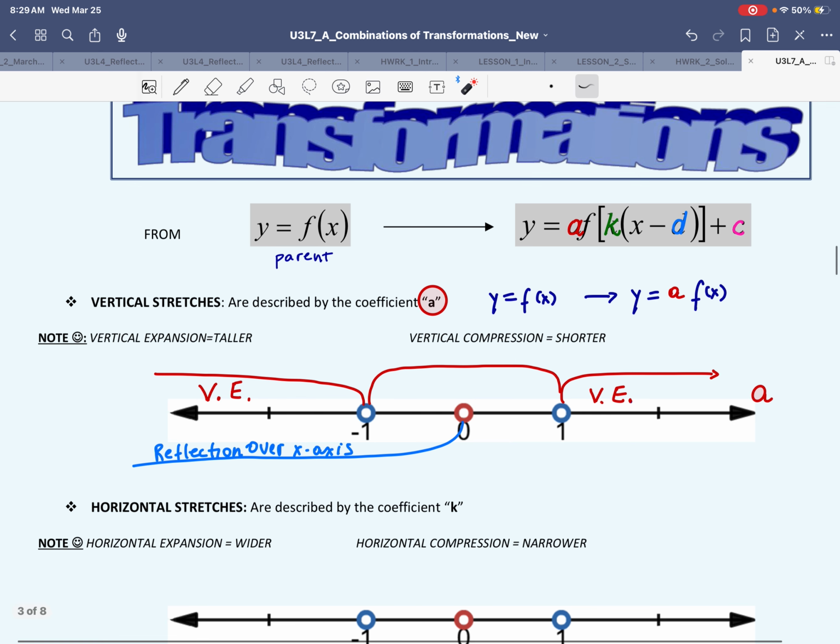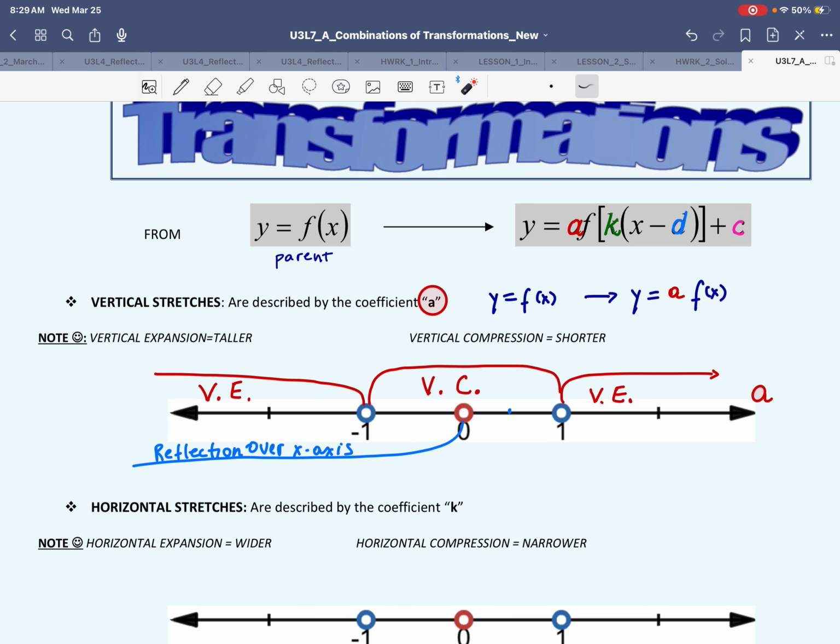If a is any number between -1 and 1, such as, for example, a equals 0.5, that means that the value of 0.5 will cut the y values in half, making the graph look shorter, or make the graph compressed in the vertical direction. So this will cause a vertical compression.